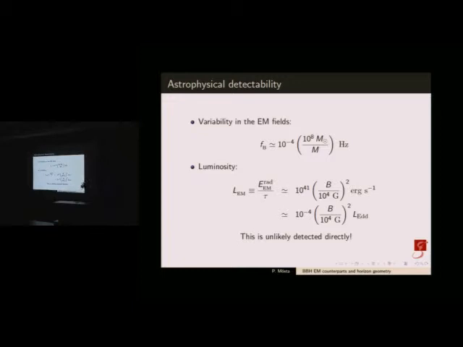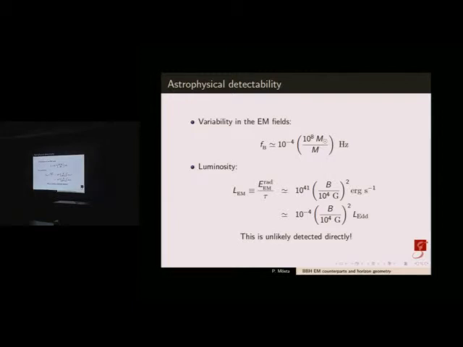So you have to think of what emission we get from the accreting material itself. If you compare it to the Eddington luminosity, then this is only like 10 to the minus 4 compared to that. So only if you had a system that's accreting at very small rates or not at all, you would have any chance of seeing that directly. So combining both of these things, it's very unlikely to be detected directly.